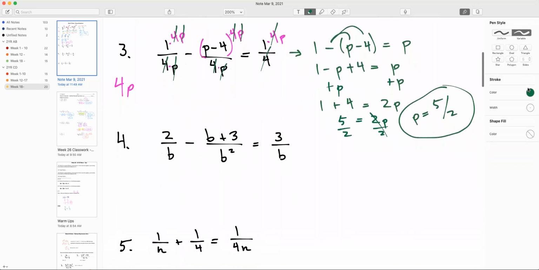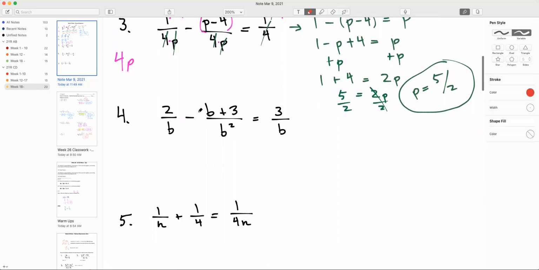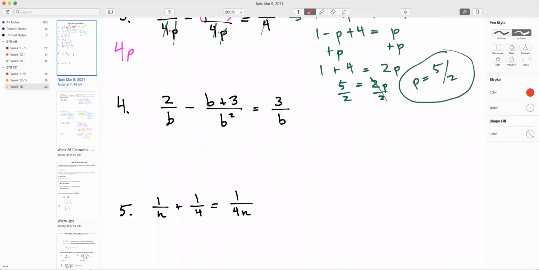How about number 4? You try it. So the unique factors in the denominators, b and b. So basically it's b, but it's b squared. So you need to find the greatest out of the common. So we're going to have to multiply everything on top by b squared.